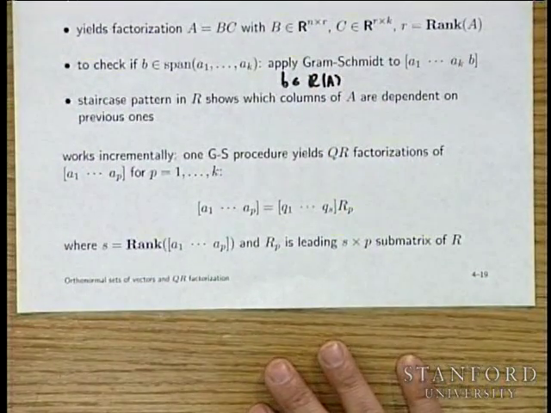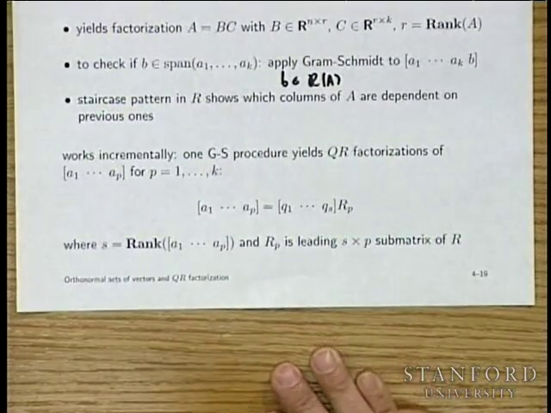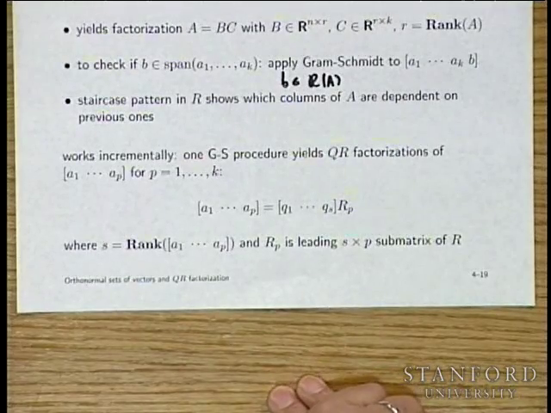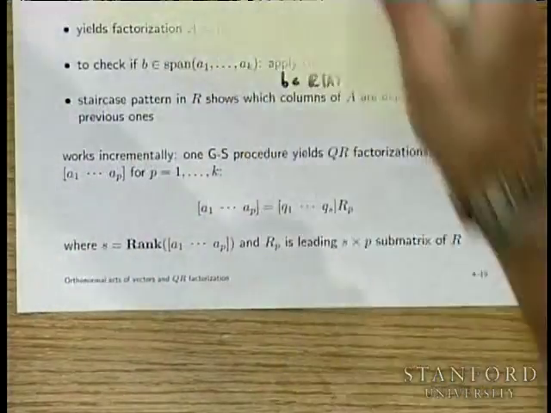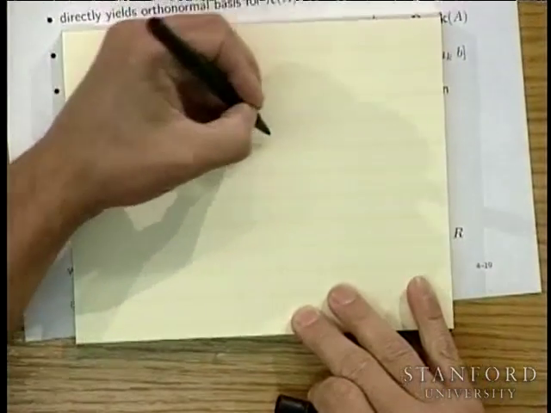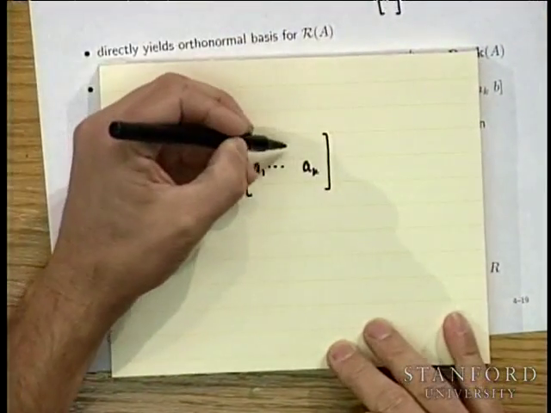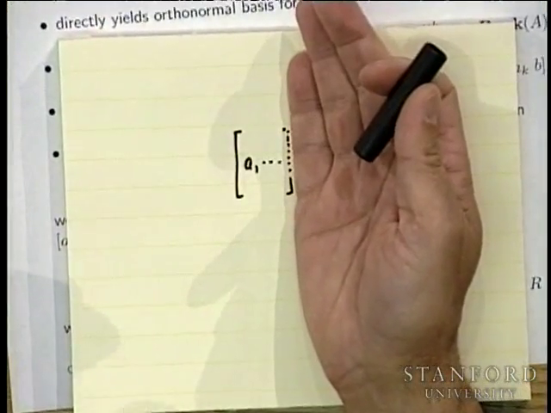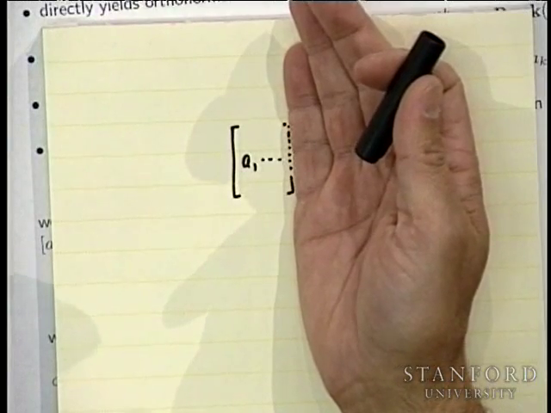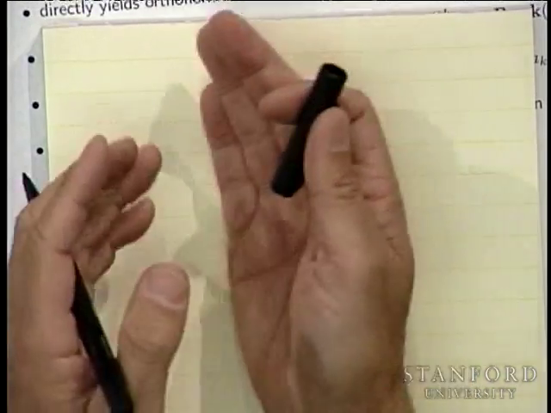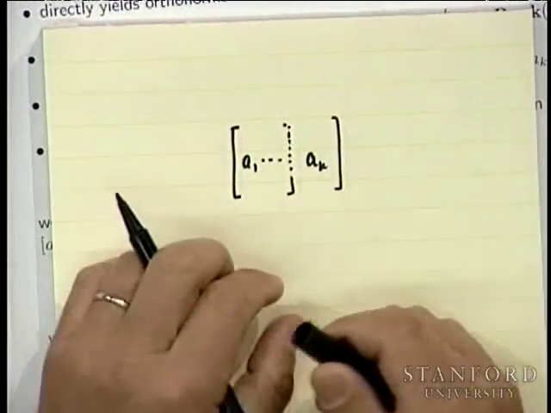What's kind of cool about that is that when you calculate the QR factorization of A, you've simultaneously calculated the QR factorization of every leading submatrix of A. So here's A, and I'm going to call a leading submatrix what happens if I truncate this way. If you truncate Q and R appropriately the same way, you get the QR factorization of, oh, I don't know, what would you call the first chunk of a matrix?